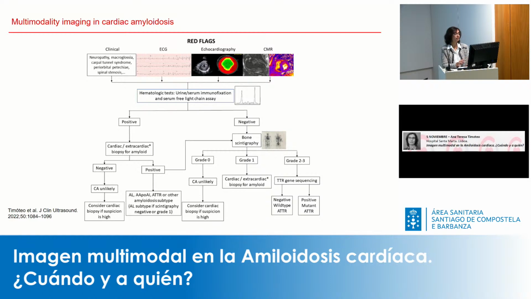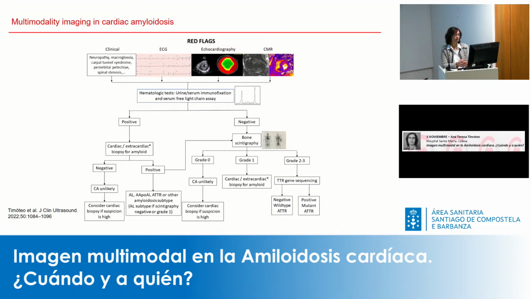We have to have a complete clinical examination to check for red flags, an ECG, an echocardiogram, and in all patients, whenever possible, if there is no contraindication, also undergo a CMR. It's important to perform hematological tests in those patients to check for the serum free light chain assay and protein electrophoresis. To differentiate between AL and ATTR amyloidosis, they also perform a bone scintigraphy.